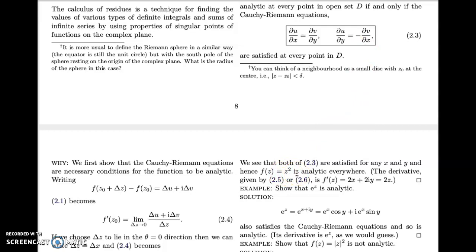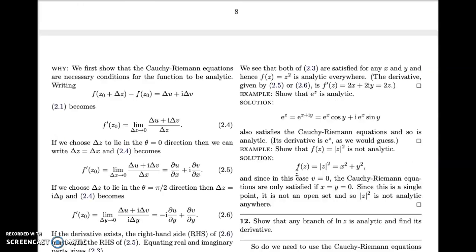And if we want, we can also work out the derivative. The derivative we can find from du by dx plus i dv by dx. So remember, du by dx is 2x, and dv by dx was 2y.